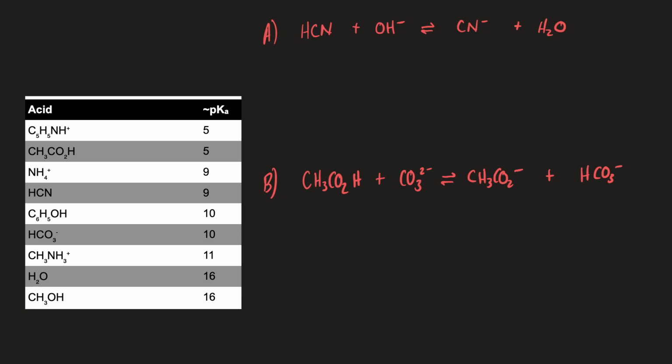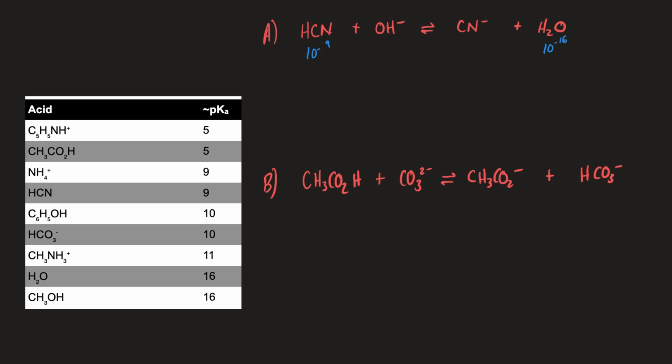As we look at answer choice A, the Ka for HCN is 10 to the negative 9th. And the Ka for water is 10 to the negative 16th. The weaker acid is going to hold on to its proton more.